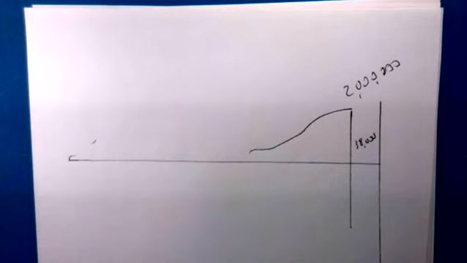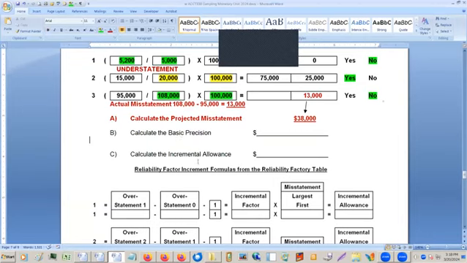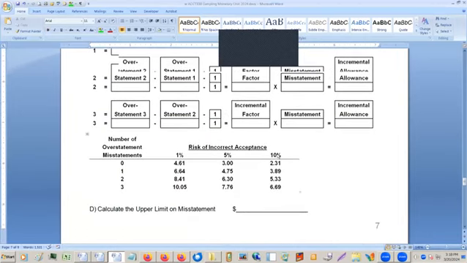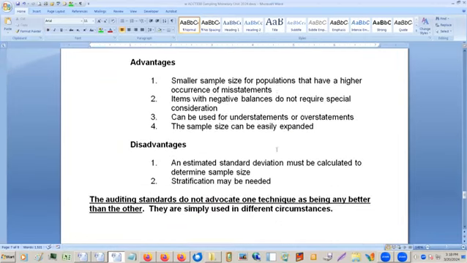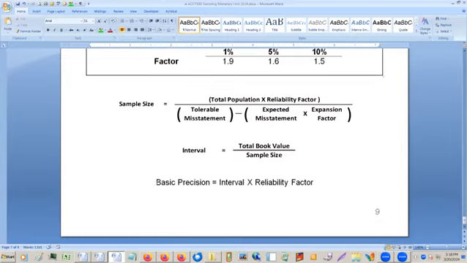Okay, so let's go back. Basic precision. On the test, I'll put this in an easier place to use.